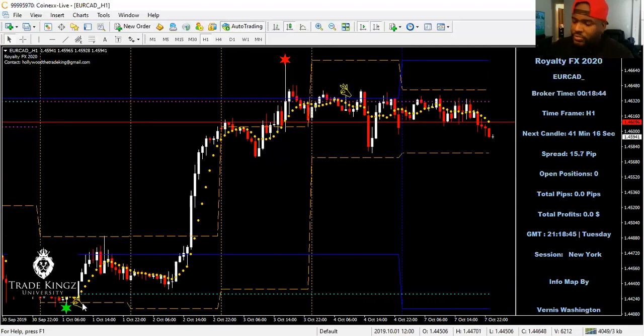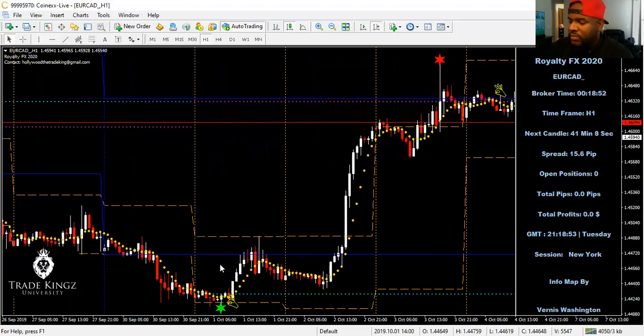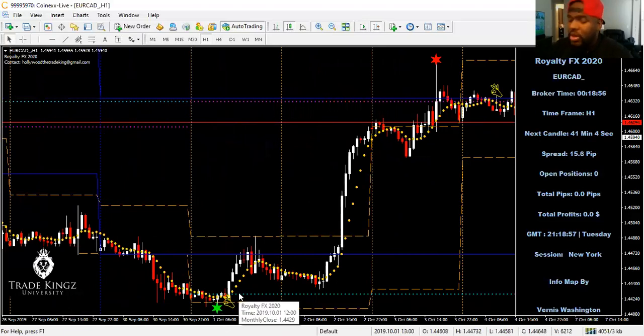Let me move this over. Not only was it at the previous day low, it was at the previous month close, right? And it's a lot of buyers come in at these levels. The market respects these levels. These are not your ordinary support and resistance levels. Of course, we do use it as support and resistance.